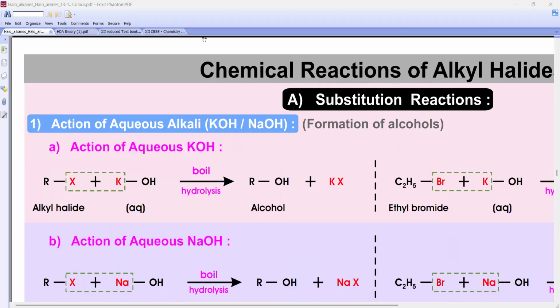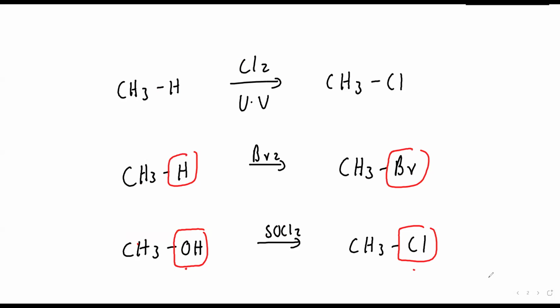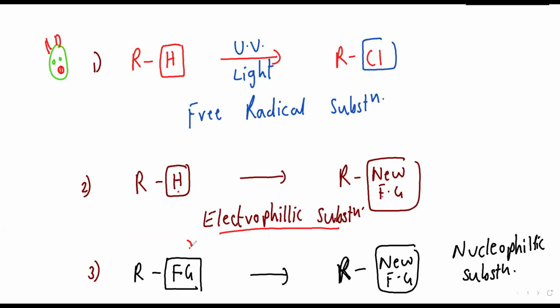Nucleophilic reaction. Look, today only I gave you. Look here. Whenever a functional group is replaced by new functional group, then it is what? So now we are going to study which reaction?